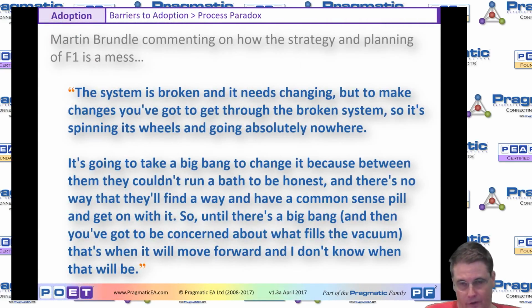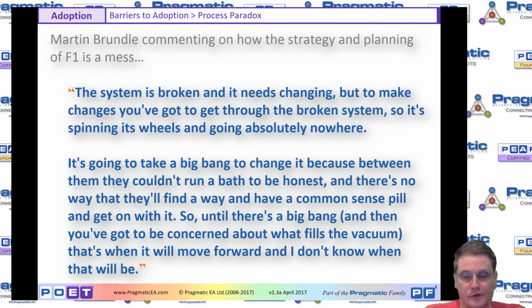The process paradox. What we're trying to do here essentially is to change the transformation domain, or some part of it. If we're talking about enterprise architecture, then we're talking about transforming and maturing the enterprise architecture part of the transformation domain. But to engage with an organization to do that, that organization is going to go through their current transformation processes. They're the processes that I have to relate to in order to get them to do some work.